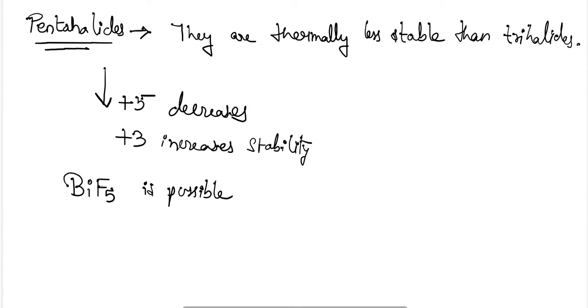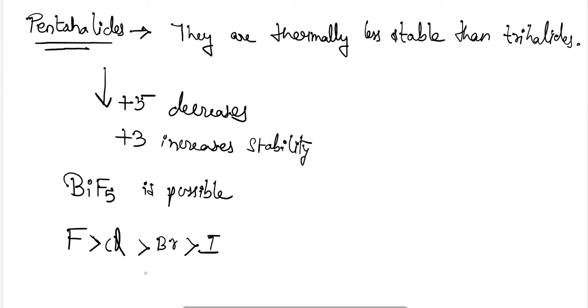The next reason is that the size of halogen atoms increases from fluorine to iodine. Fluorine is the smallest, then chlorine, then bromine, and iodine has the largest size. So the strength of the P-X bond decreases.